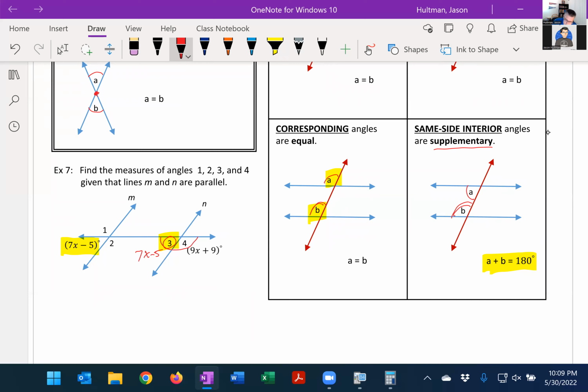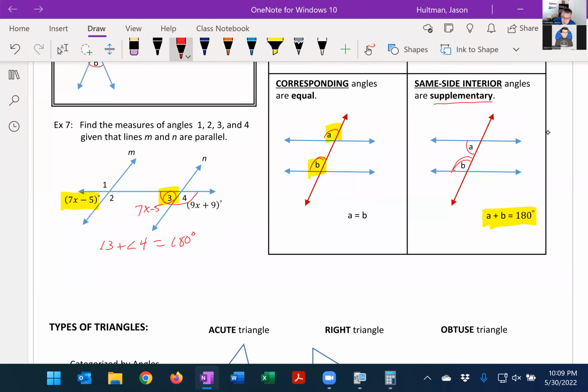So I do know that angle 3 plus angle 4 equals 180 degrees because they're a linear pair, they make a line. Okay, and so 7x minus 5 plus 9x plus 9 is equal to 180 degrees, substituting that in.